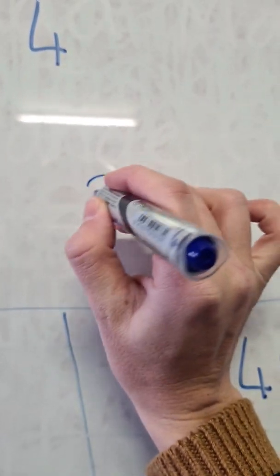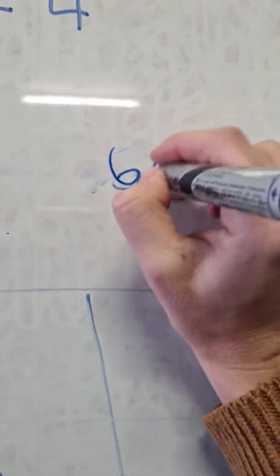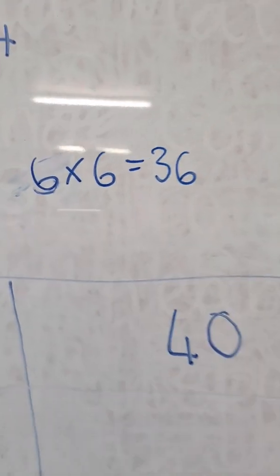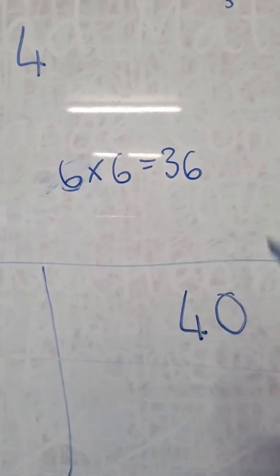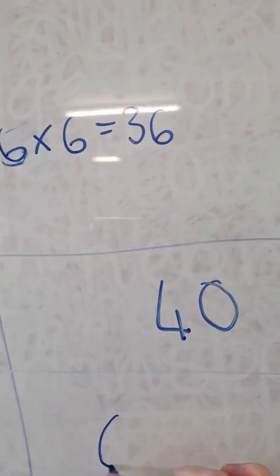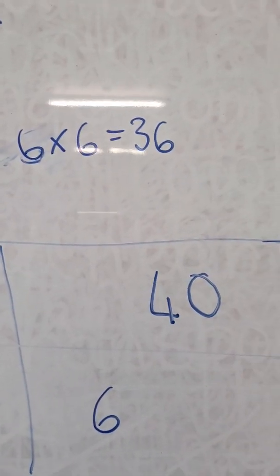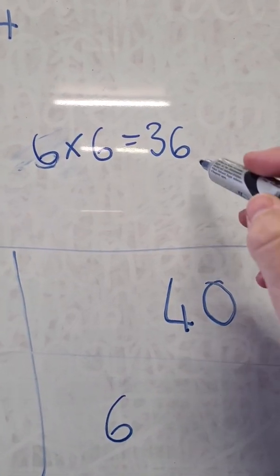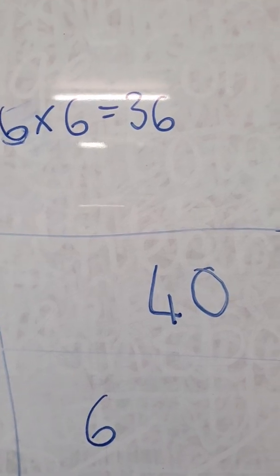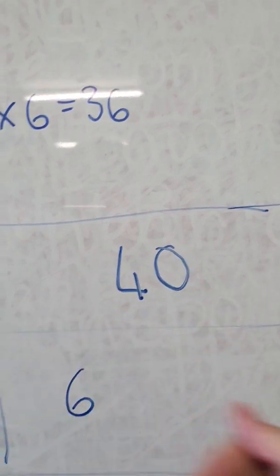So if I think about the fact that 6 times 6 equals 36, then I know that 6 will go into 36 6 times, okay? But now my number wasn't 36, my number was 40. So if you say 40 take away 36, the answer will be 4. Or you can count up and say 36, 37, 38, 39, 40. And I said I had 4.